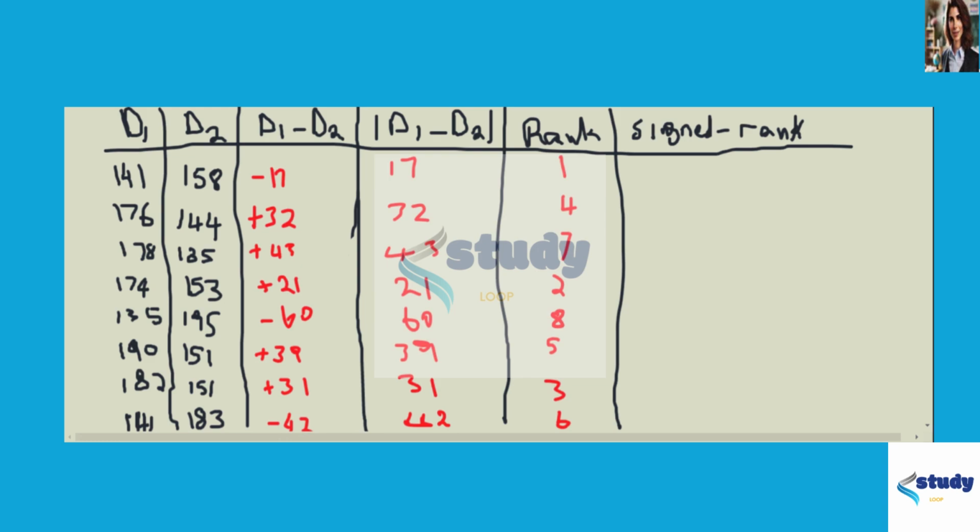The signed rank is negative 1, positive 4, positive 7, positive 2, negative 8, positive 5, positive 3, and negative 6.